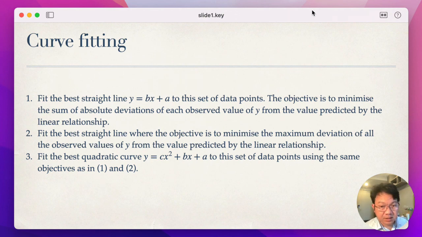Because E star is the maximum value, EI cannot be greater than the maximum value. It's just less than or equal. Okay, and what about E star? E star is the absolute value of yi subtracted by, just one moment, I have to delete this part, right?